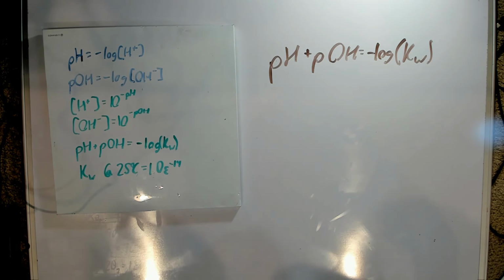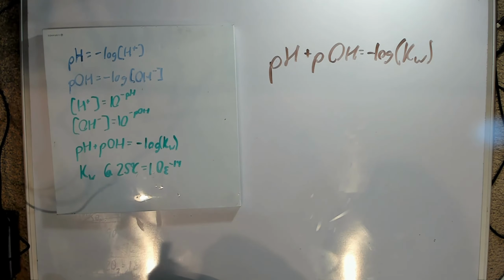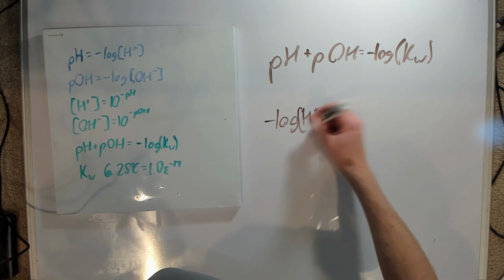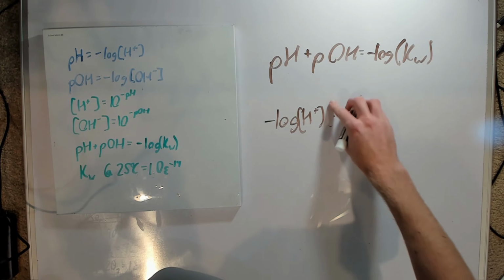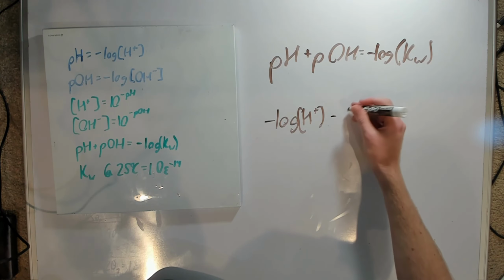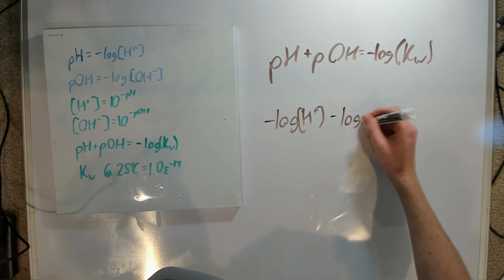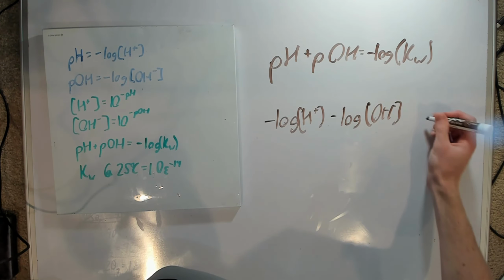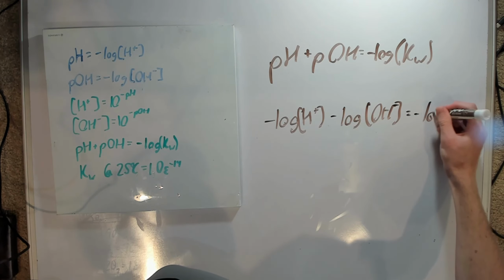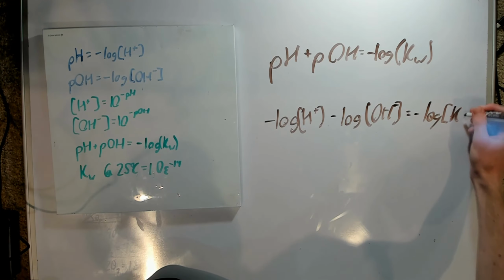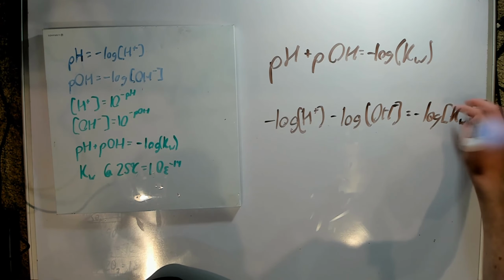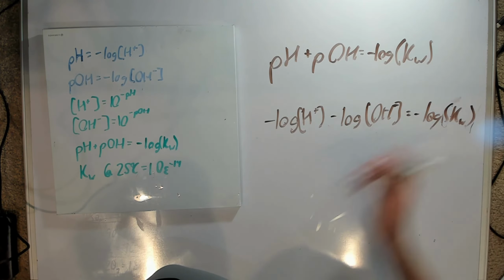Which kind of makes sense if you think about it, because pH would be negative log of H+, so really minus log of OH- would give us negative log of Kw. Which makes sense, because that's how adding logs works.